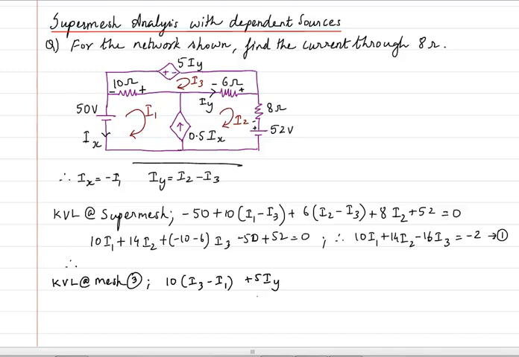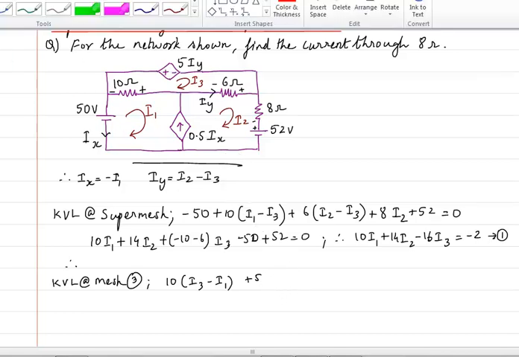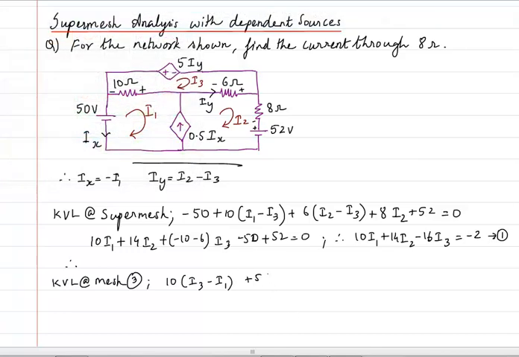Now instead of writing IY, I will directly write this equation, which saves a lot of time. So instead of IY I will write I2 minus I3, and then the last portion, the back of the bogie, is going to be plus 6 times (I3 minus I2), that is equal to 0. From this I can combine all three.